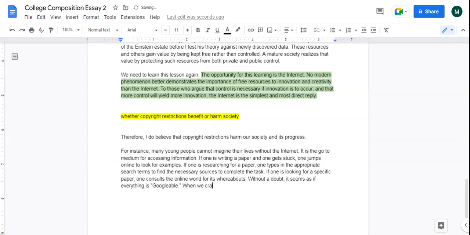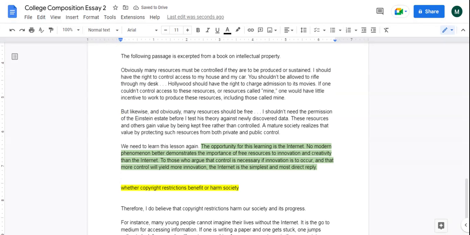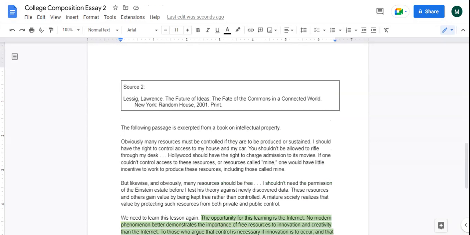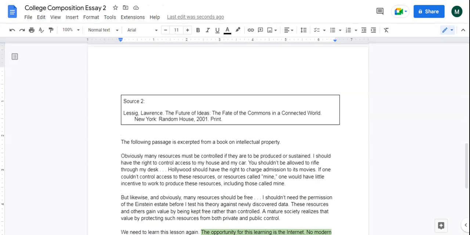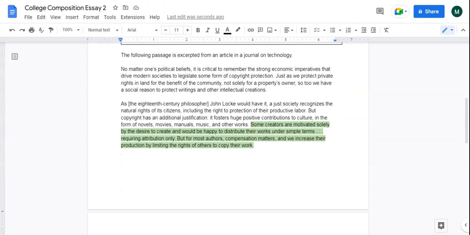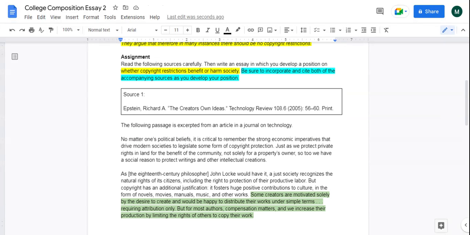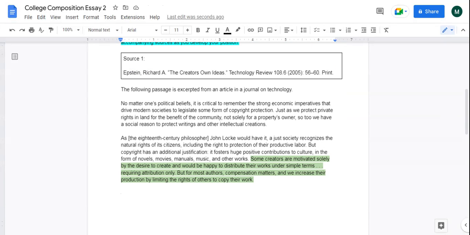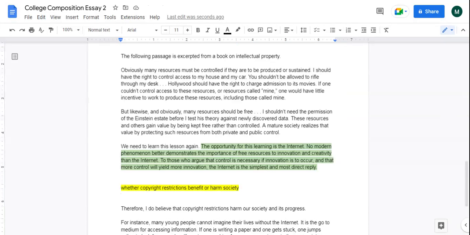So going back to intellectual property, copyright, intellectual creation, copyright protection.